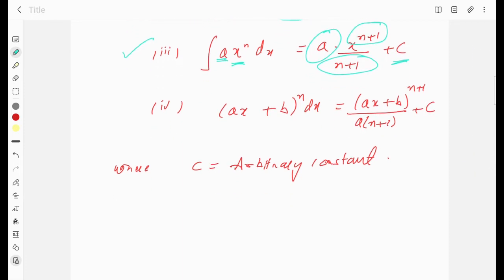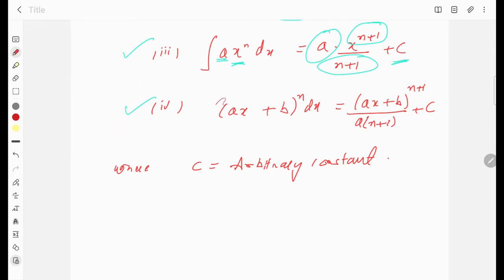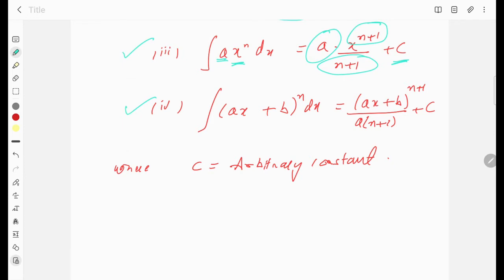In rule number 4, you have a linear bracket, and you can notice that x is appearing in only one term, and the power of x is 1.